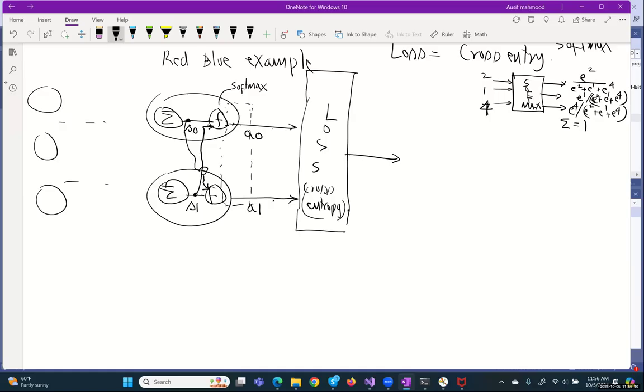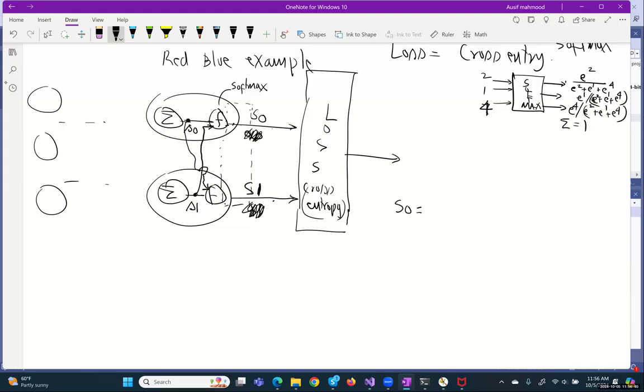Rather than calling it A0, let me call it capital S0 and capital S1, because this way, whatever we developed in the previous lecture will match. So let's take a look from the equation point of view.